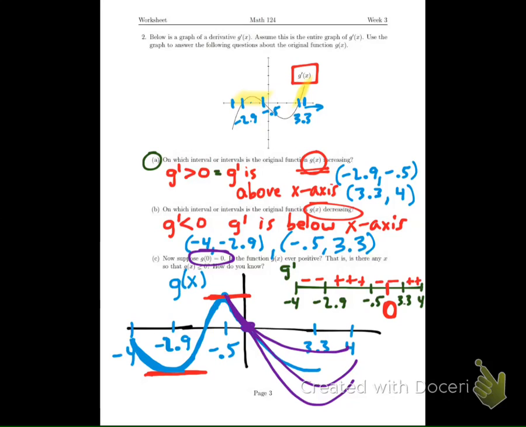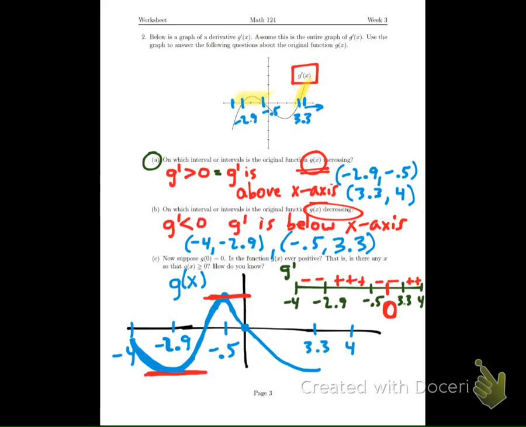And g was decreasing through that x-intercept, therefore g had to be positive somewhere just before that x-intercept. So that's the actual answer to that question. How do you know? Because g was decreasing through the x-intercept, and the only way to do that is to be above the x-axis first, and then down through the x-intercept.